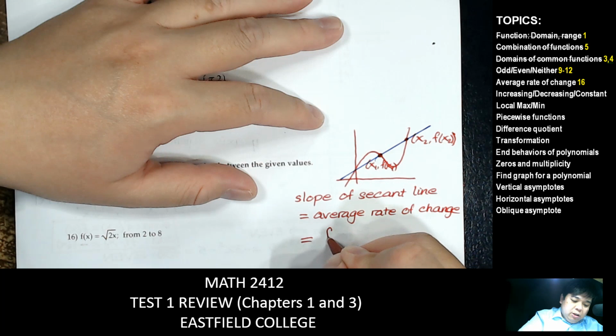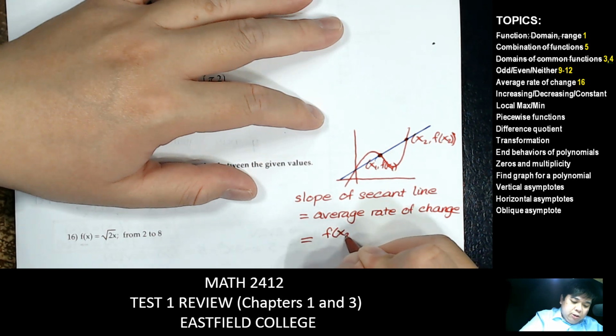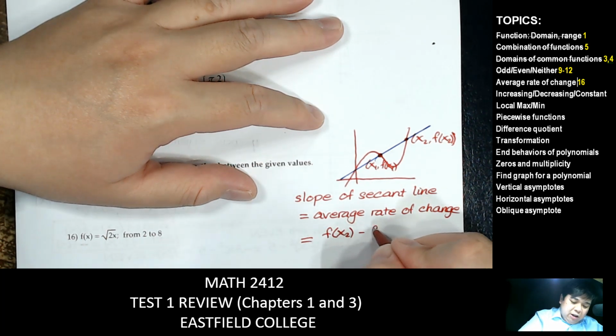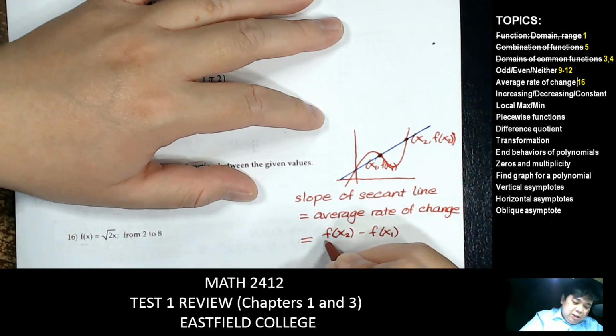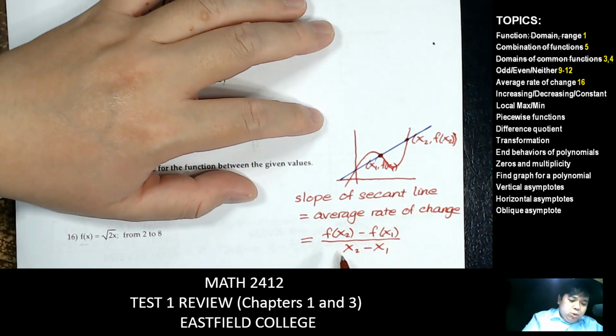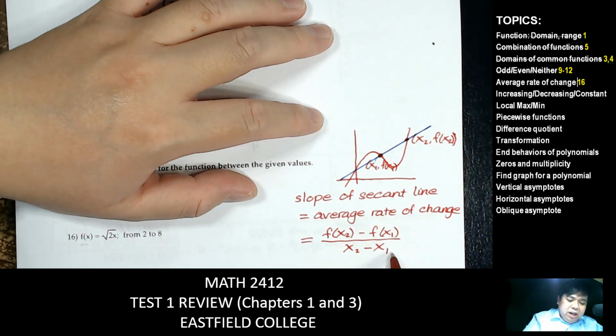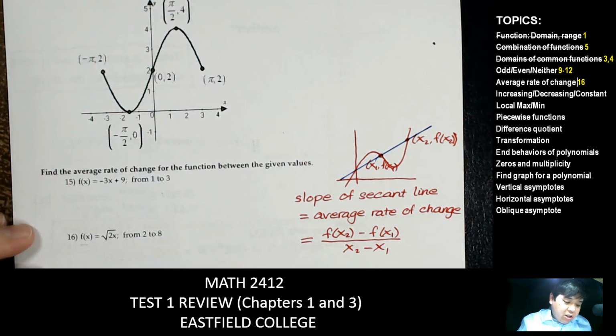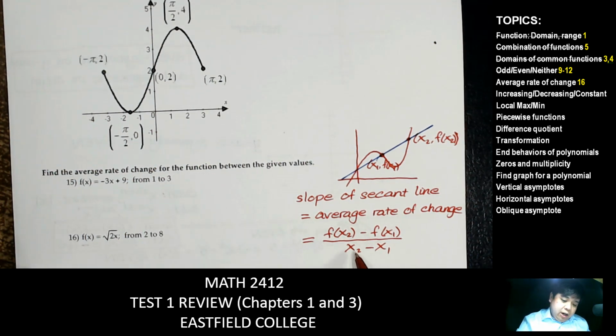The formula will be f of x2 minus f of x1. Or we can use b, a, or b and a. It doesn't matter as long as we have 2 points from x1 and x2 and the values of the function correspondingly.